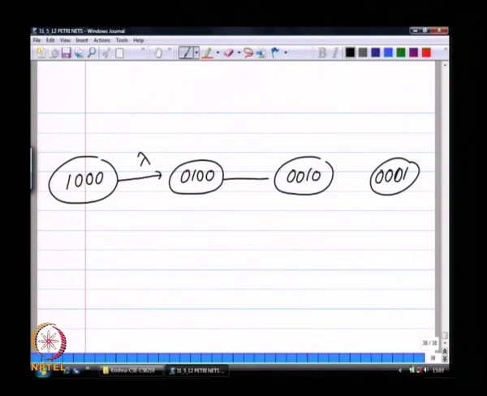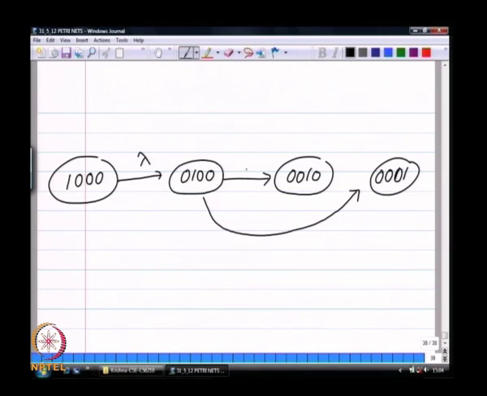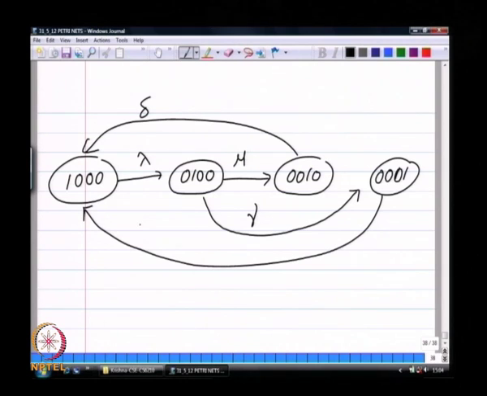There is a transition from here to here, with rate mu, and this one with rate gamma. From here we come back, and from here we come back with the rate sigma. So, here there is only one catch, right. What is that catch? Did anybody get that?